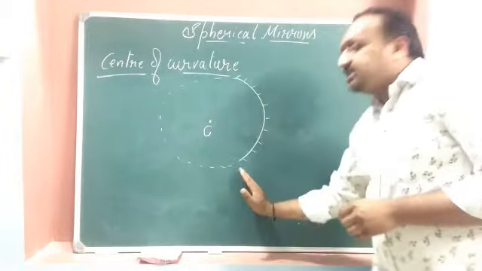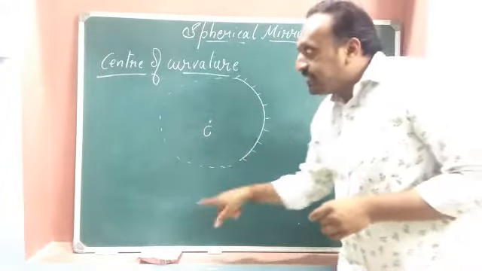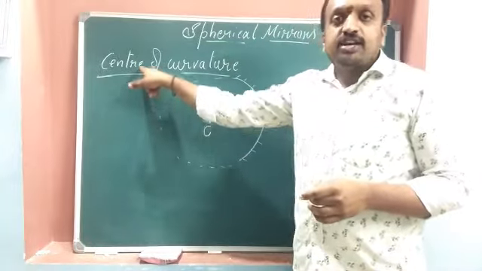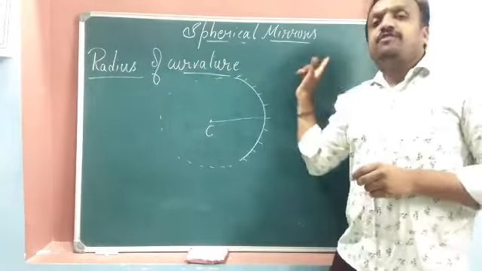Only the part is the mirror, and the center of the sphere represents the center of curvature, represented by C.